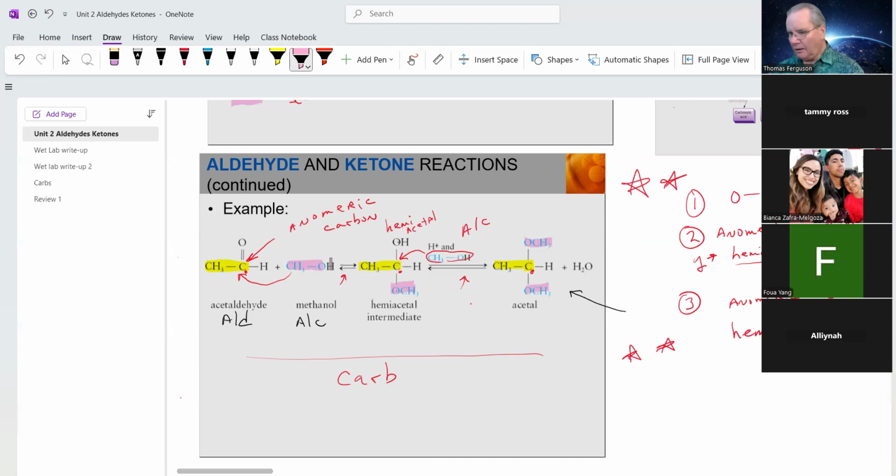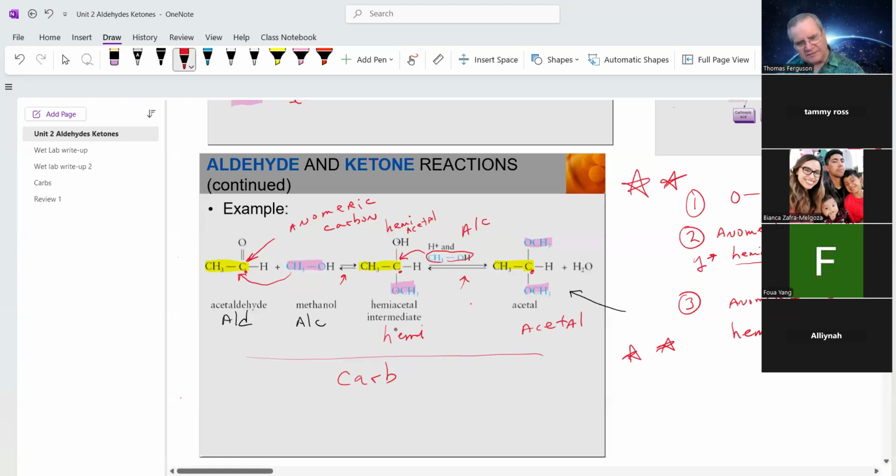So all the action is on the anomeric carbon. Everything attaches to the anomeric carbon. So the alcohol is going to attach to the anomeric carbon first, and that's going to give you the hemi. And then it's going to happen again to form the full-blown acetal.